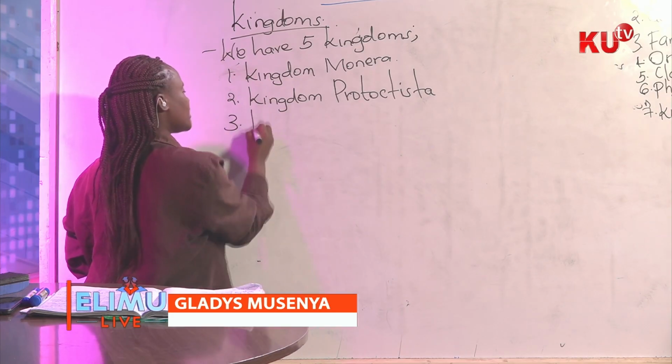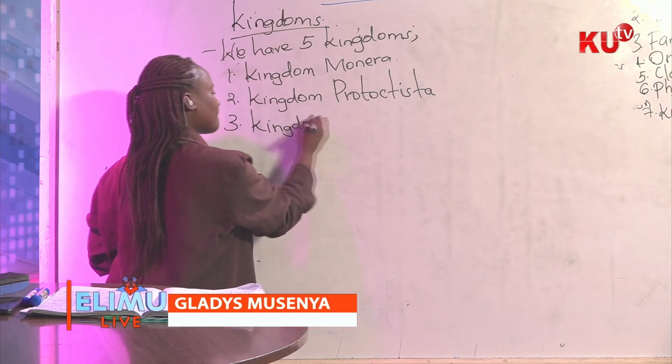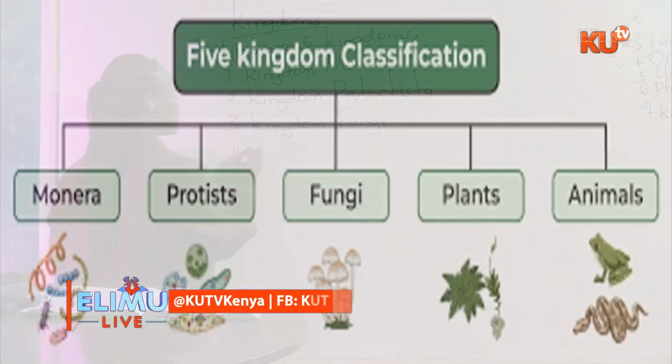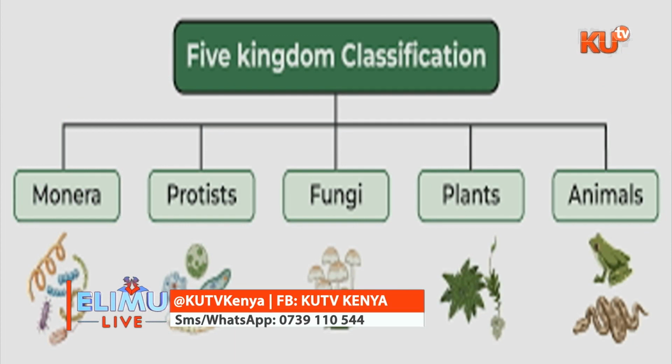And then our third one is Kingdom Fungi. And then our fourth one, we have kingdom Animalia. And then our fifth one, we have kingdom Plantae. We have 5 kingdoms: kingdom Monera, kingdom Protoctista, kingdom Fungi, kingdom Animalia, and kingdom Plantae.